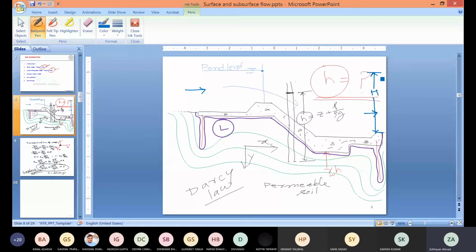So you can say, per unit length, how much is the head that is dissipated? I mean, what is the hydraulic gradient here?